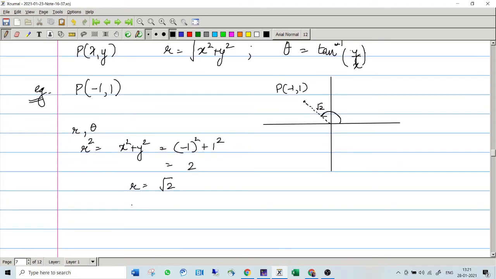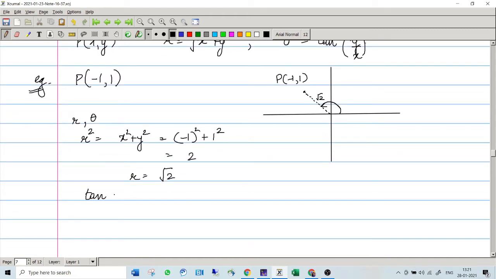Means theta is going to be, or rather tan theta is y by x, which we already know, and the value is minus 1. And for what value of theta can tan theta be minus 1? It will be judged by the quadrant where your point lies. Right now you have your point in the second quadrant. So tan theta is minus 1 for what value of theta which will take this point to the second quadrant?